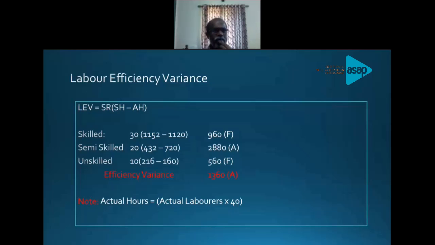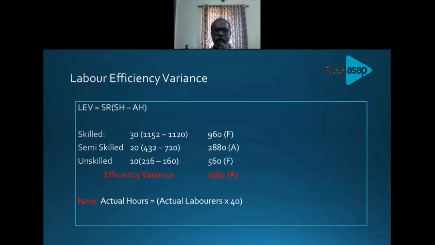In case of semi-skilled workers, actual hour is more than the standard, so the variance becomes adverse or unfavorable to the organization. And in case of unskilled workers also, actual hour is only 160, standard hours computed is 216, so the difference is positive, or the actual hour is less than the standard, so the variance here is favorable 560.